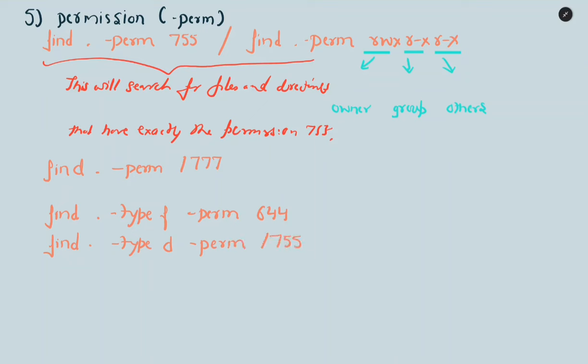So this will search for directories that have at least read write execute for owner and read and execute for others and groups permissions, and it will also include directories with additional permissions like 777 or 775 etc.